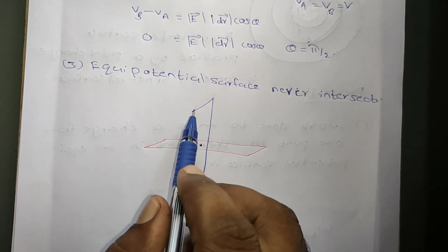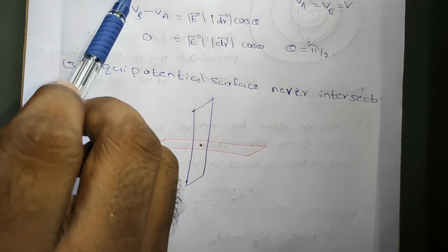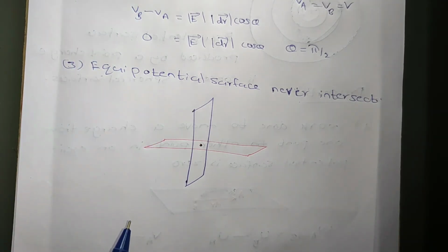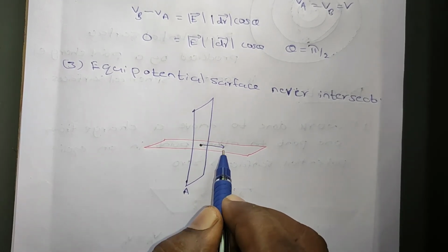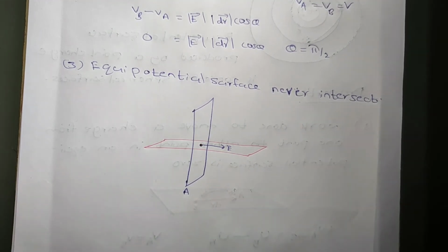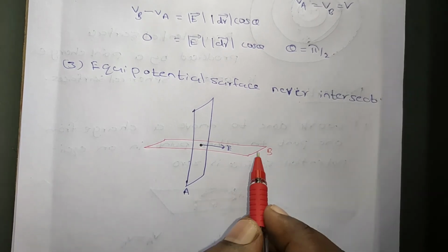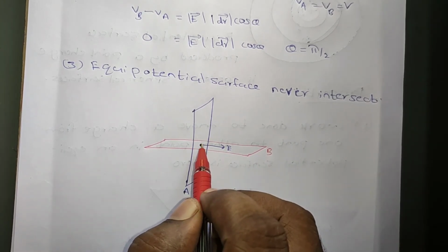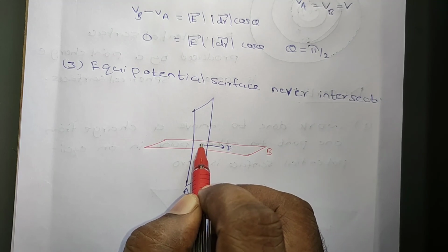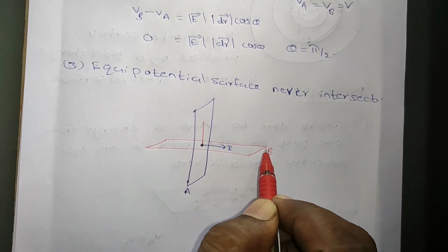In the previous property we studied that the electric field at any point on an equipotential surface is perpendicular to it. So considering this equipotential surface, I name it A, and I draw an electric field direction. This is the electric field direction. This equipotential surface I name B, and considering B, I draw an electric field perpendicular to this surface.